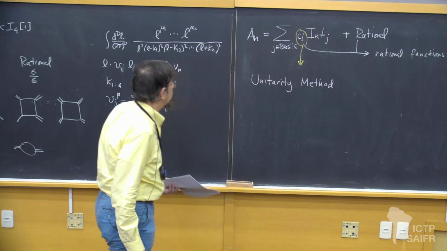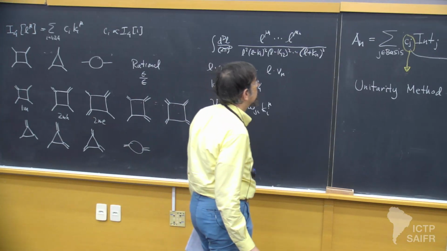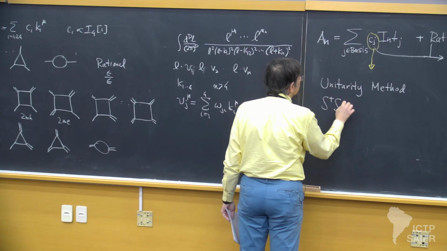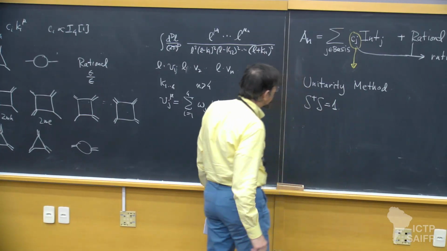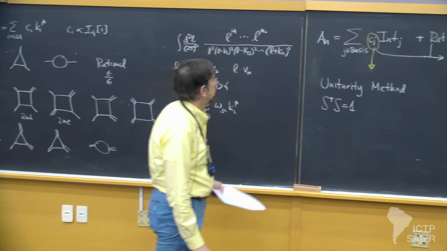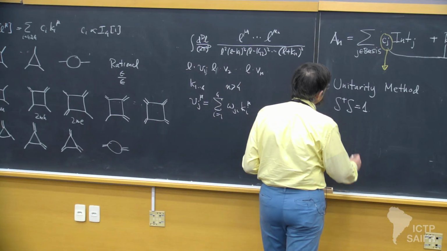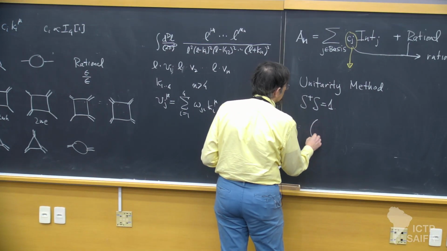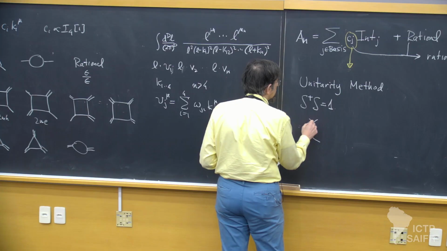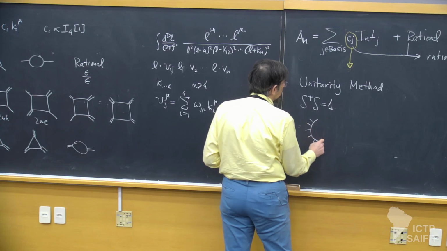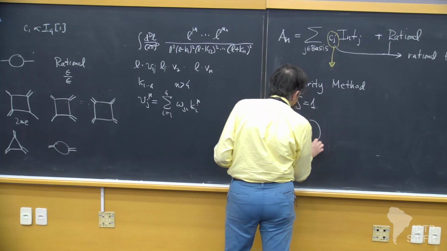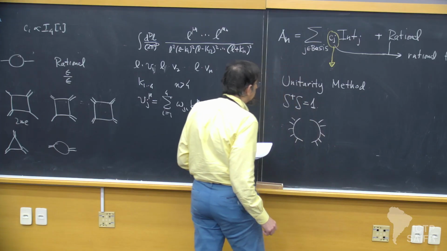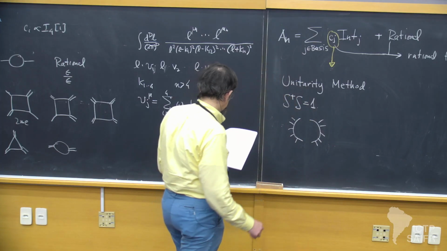So unitarity is just the observation that, of course, at its simplest form, the S matrix conserves probability. And you can translate that into the observation or the equation that the discontinuity of a one-loop integral can be written as the phase space integral of a product of two tree objects.